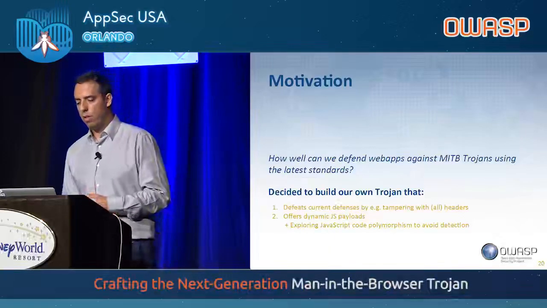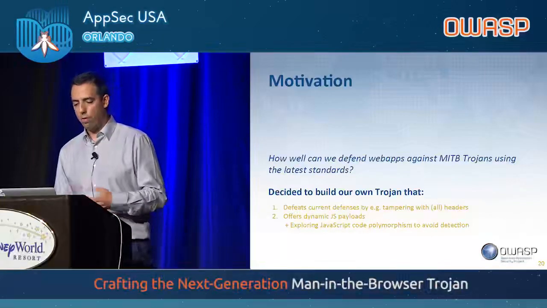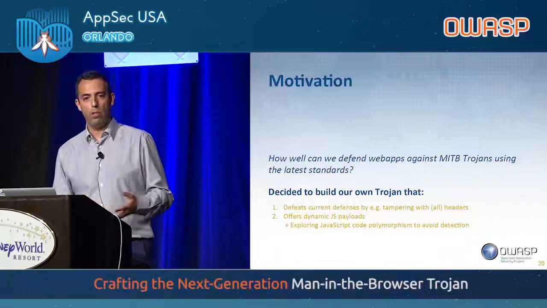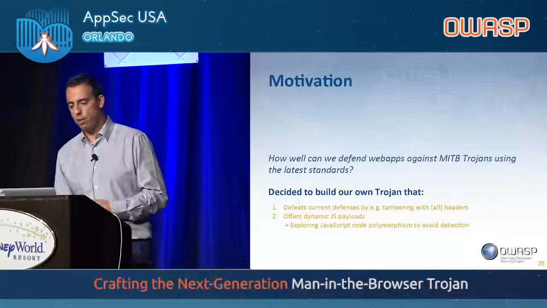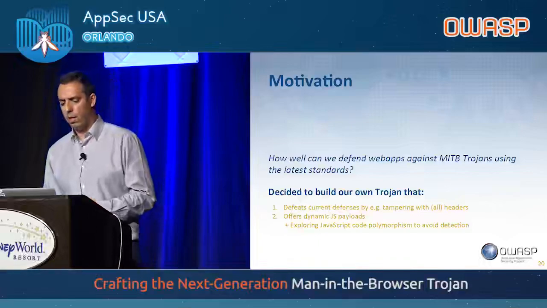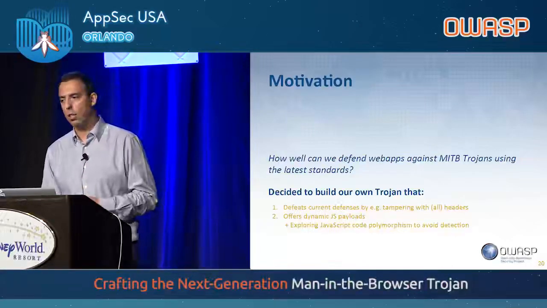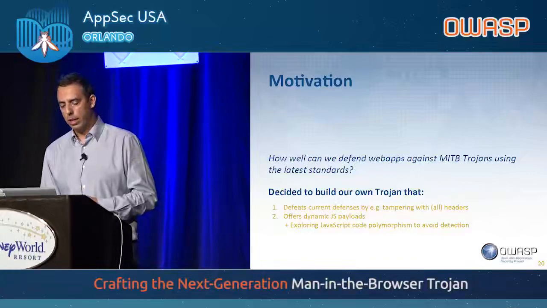So we decided that our Trojan should remove all headers. It should offer dynamic JavaScript payloads, which is a feature that some man-in-the-browser Trojans already have, but we think it's very useful from an attacker standpoint, because you can react to whatever reactions the application owner is doing.